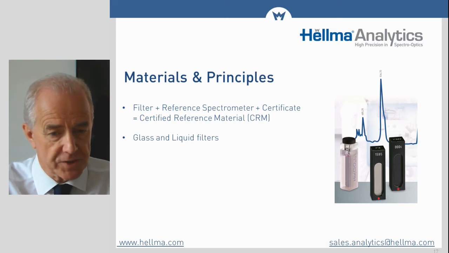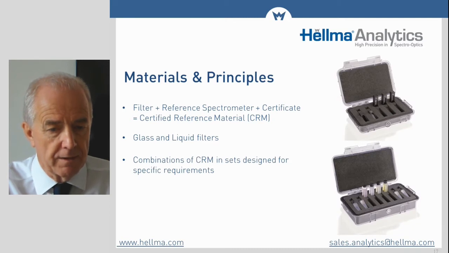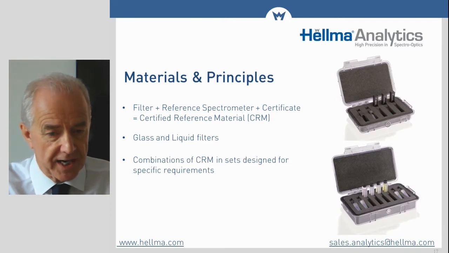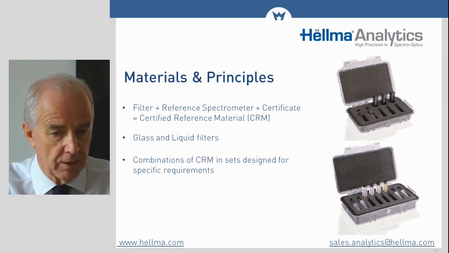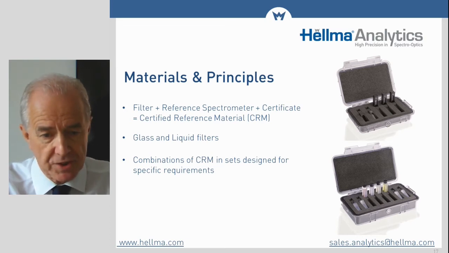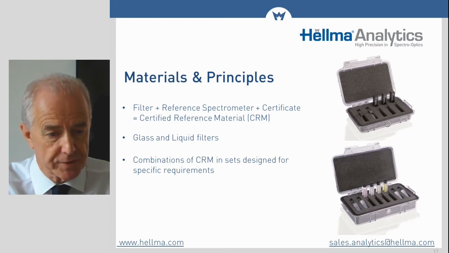Glass, where various substances are fused into a glass substrate that is cut and polished, then mounted in a frame that can be inserted in a standard spectrometer cuvette holder. And liquid filters, where chemicals are dissolved in a range of solvents and sealed in a standard 10mm cuvette. These can be put together as sets to enable a specific parameter to be fully checked, or to check a range of parameters to meet regulatory requirements.